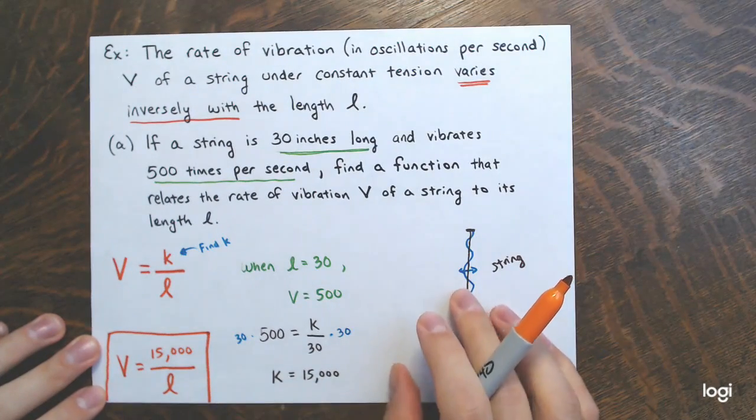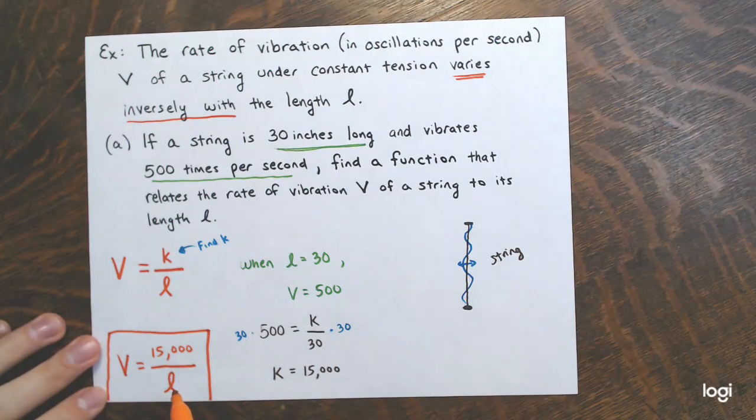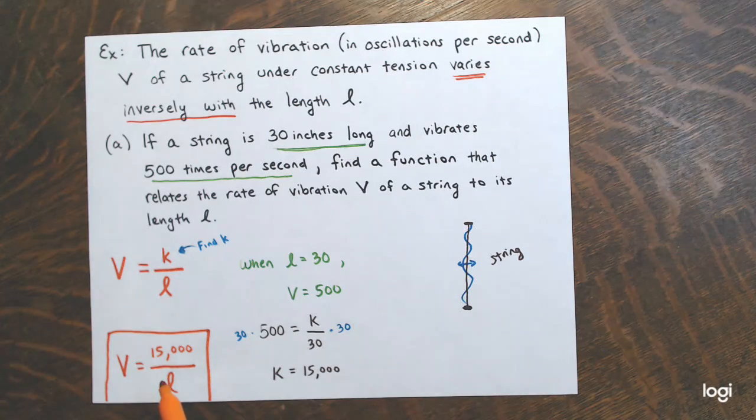There's V written as a function of L, a relationship between V and L, and we're saying V is inversely proportional to L. V varies inversely with L. As L increases, V would decrease, and vice versa. As V decreases, L would have to increase. They have to go in opposite directions, inverse directions.